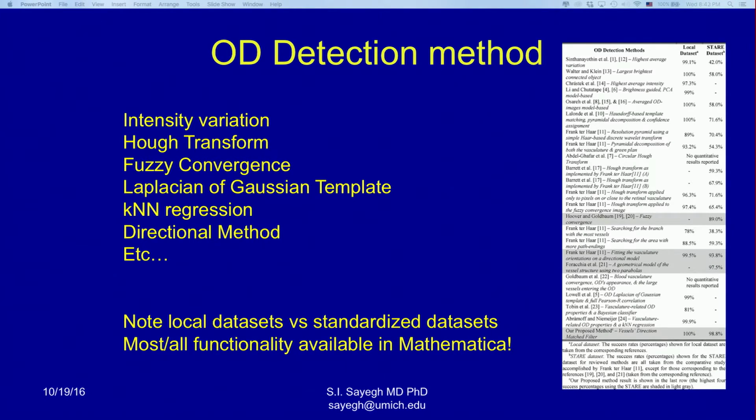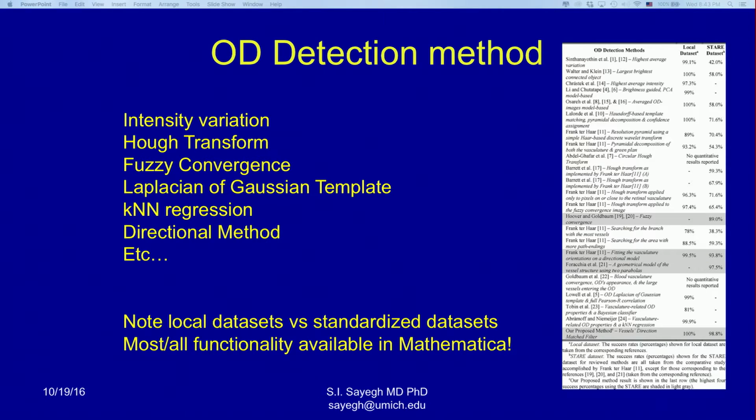Optic disc detection method. Just as an example, this is from a very recent paper. It shows all of the methods that have been used and with the degree of success. I'm listing some of the techniques here that have been used; everybody uses a slightly different method, and they have reasonable success.